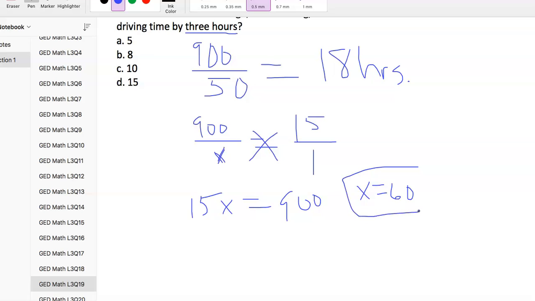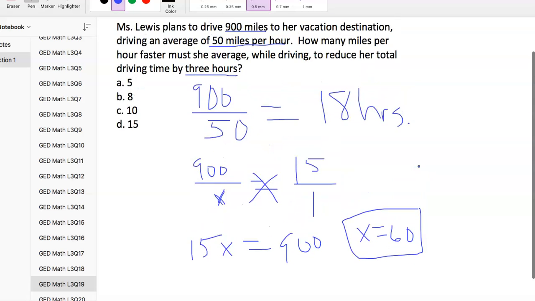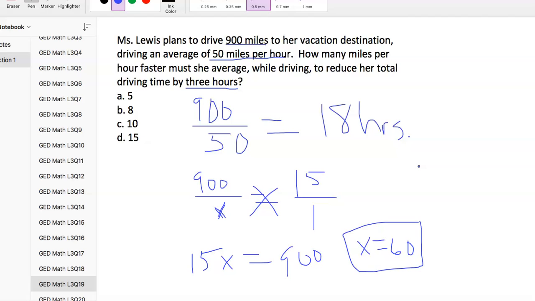Okay, so she needs to go 60 miles an hour for 15 hours to get to 900 miles, which is her destination. And the question though was how many miles per hour faster, right? So now she has to go 60 for the whole trip, where before she went 50. That's 10 miles an hour faster.